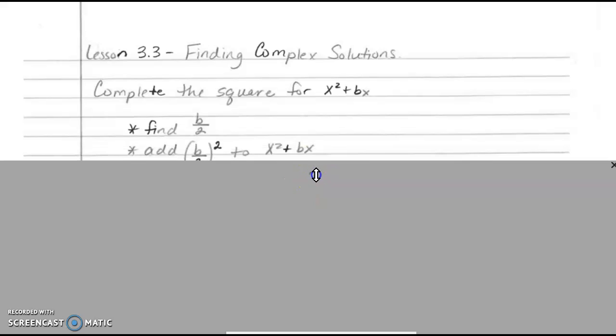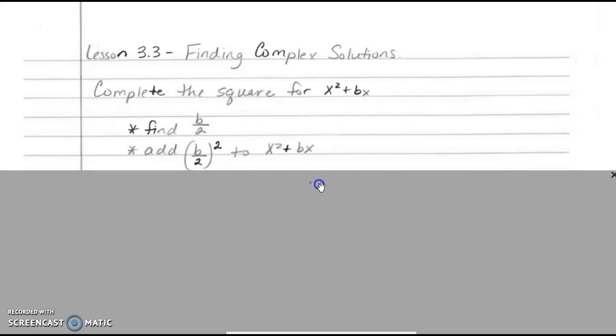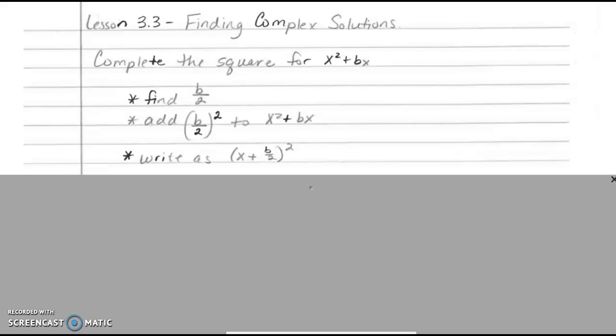And then the next step is we're going to add the square of b over 2 to our already existing polynomial of x squared plus bx. And then after we have added b over 2, that quantity squared, we'll be able to factor our trinomial, because we'll have a third term, a constant.